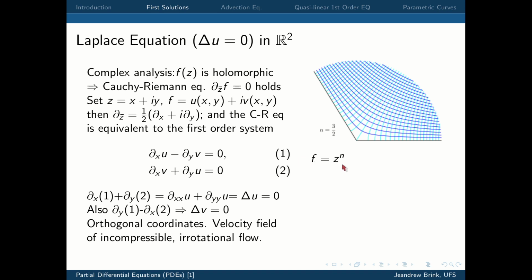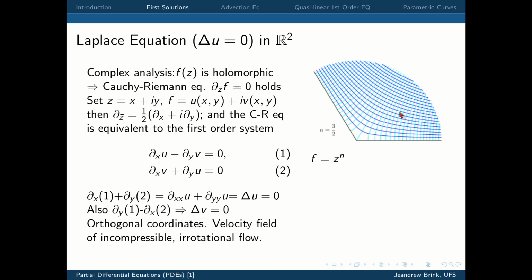For example, if you have a complex function z to the n, where n is equal to 3 over 2, then the lines of constant u and v are the blue lines and the cyan lines. You can see they remain orthogonal.